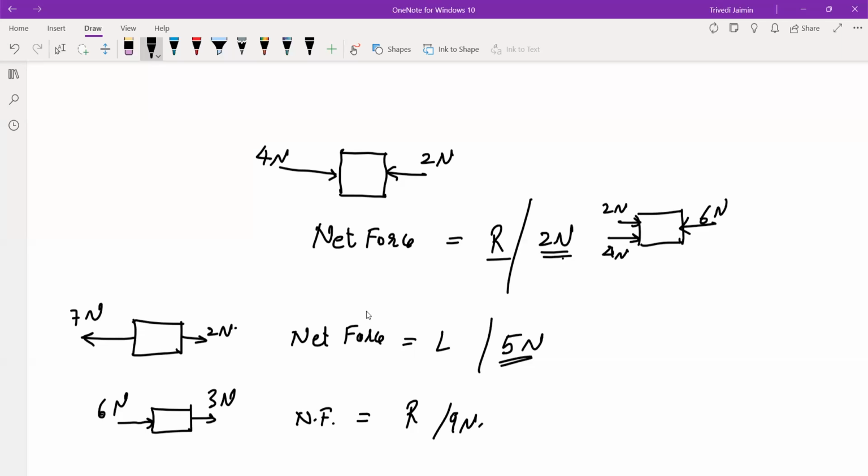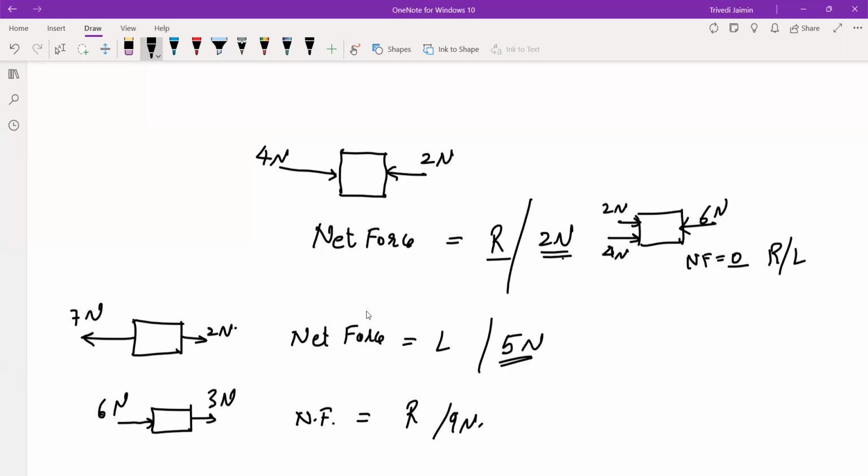Is it balanced? Yes, sir. So where will it move, right or left? It will not move. It will stay at rest. So net force is 0. Neither right nor left.